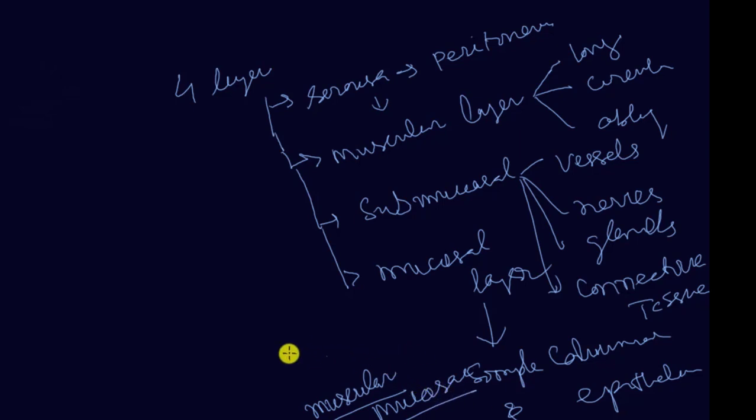We'll find ill-defined small cells like this. Which muscle are these? Smooth muscle. These are the smooth muscle layer. So this is the total architecture of your GIT.